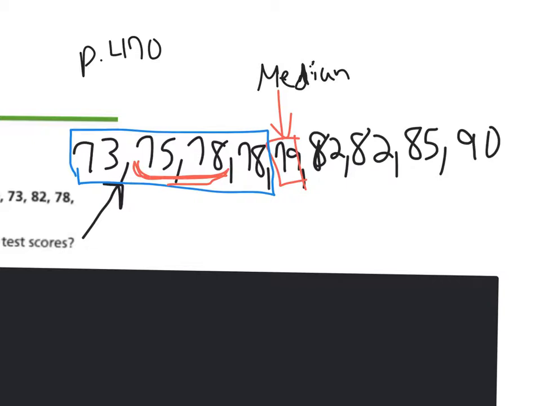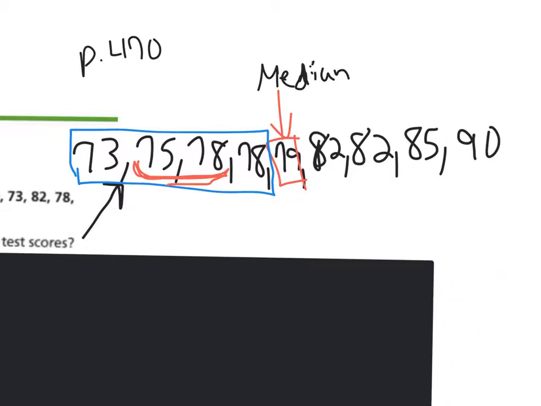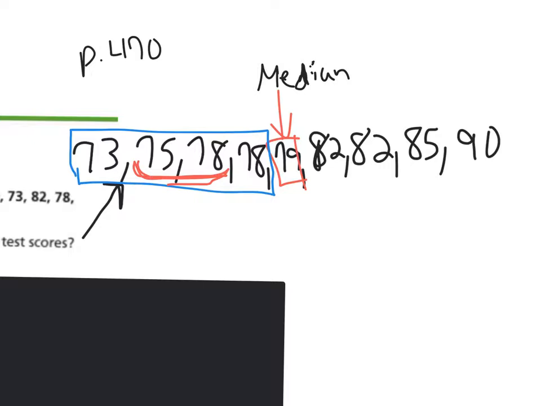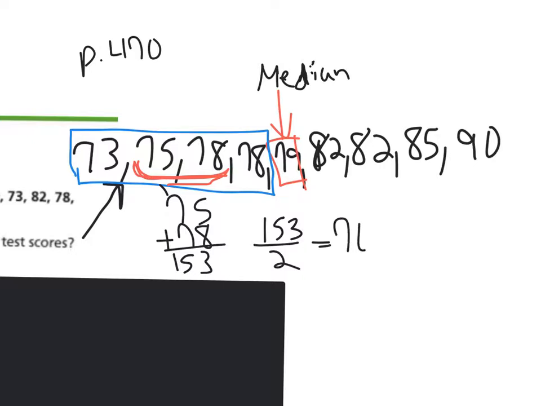So we're going to have to average those out. So you can add those together and divide those by 2. If you want to do that as one step, you can. If you want to do it as separate steps. Okay. And if you do that, you should get 76 and 5/10 or 76 and a half would be our first quartile or lower quartile.